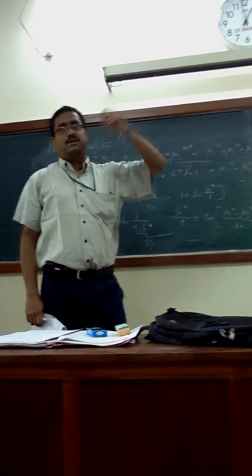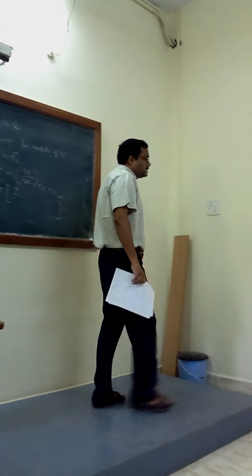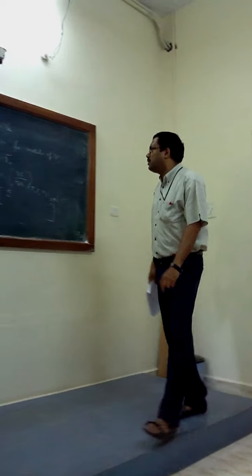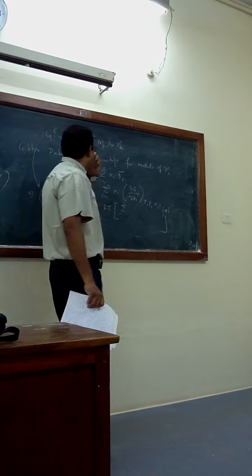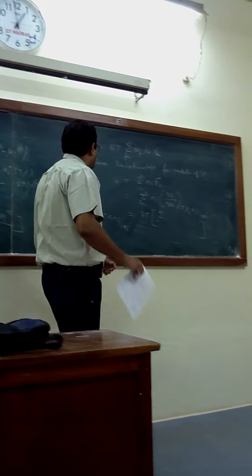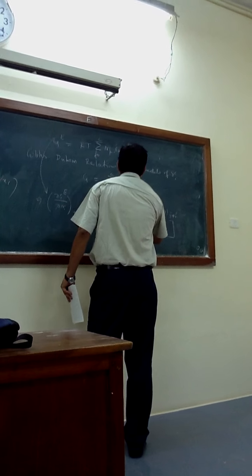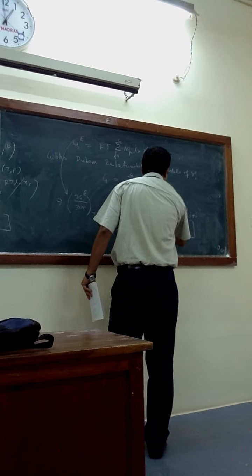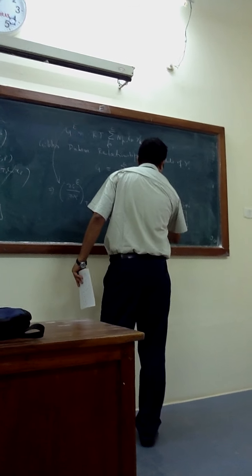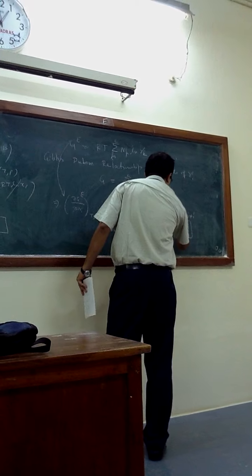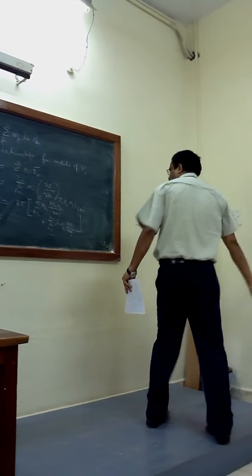Instead of i, you can write k, no problem. Generally, when you have an index, try to put it more generalized so you won't miss out. So k equals 1 to C Nk dou ln gamma k by dou Ni, plus k equals 1 to C ln gamma k dou Nk by dou Ni. Am I correct? Yes.